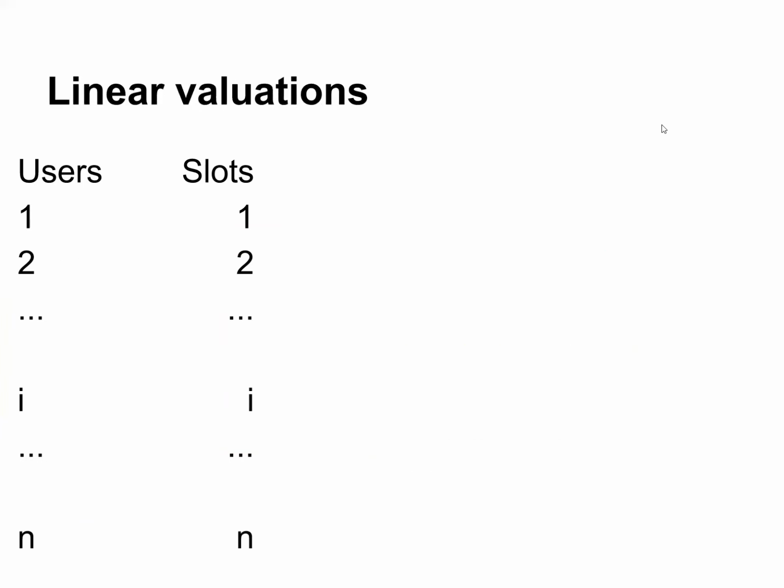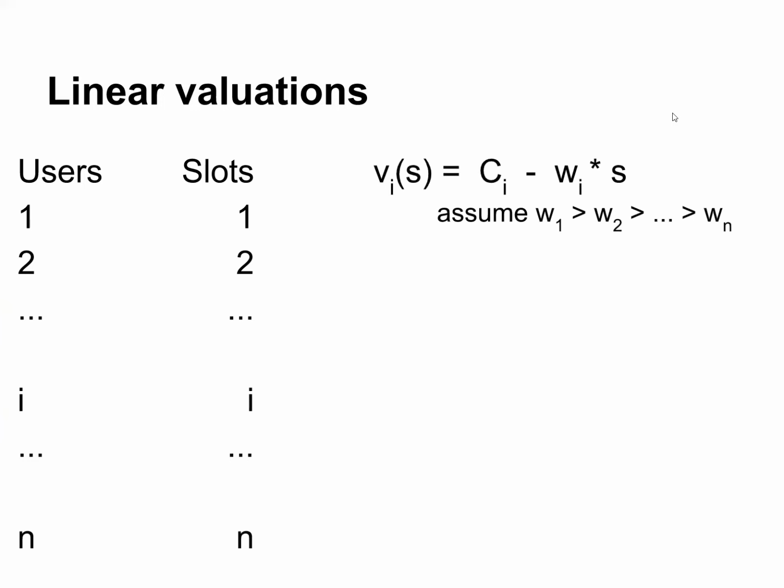So let's look at this very specific example of valuations, these linear valuations. So for every user, we have some happiness, while the user is happy if they land at the airport altogether. So consider these are like airport slots and the users are the flights. And of course, everybody is happy about being landed at all.